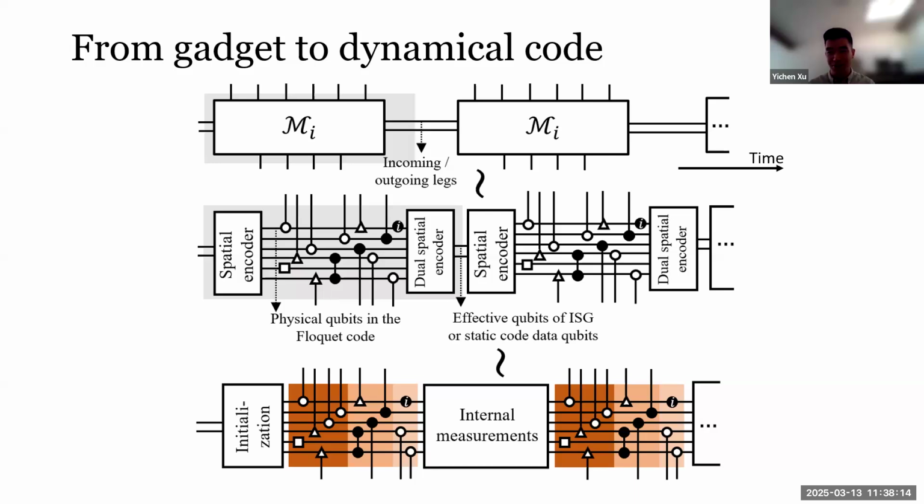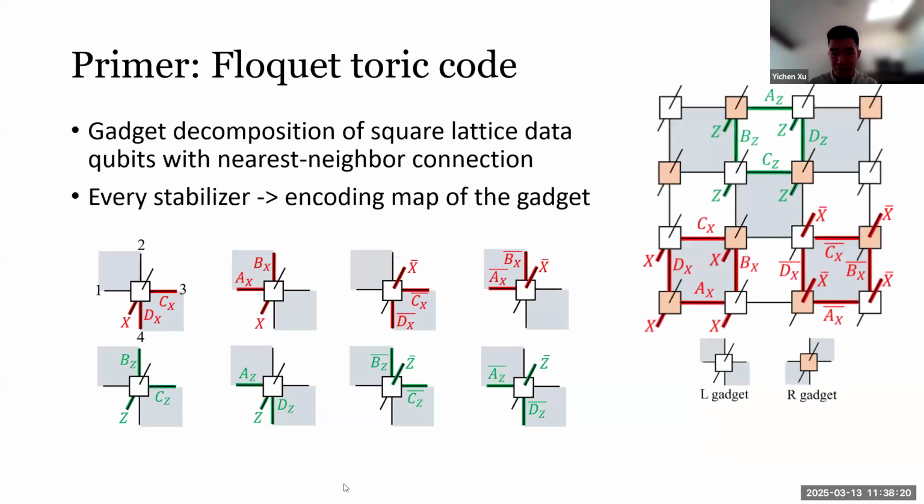So let's just jump into an example, which is the toric code. As I said, in order to construct a dynamical code on top of the toric code, what we do is replace all these data qubits in the toric code by the gadget that we want.